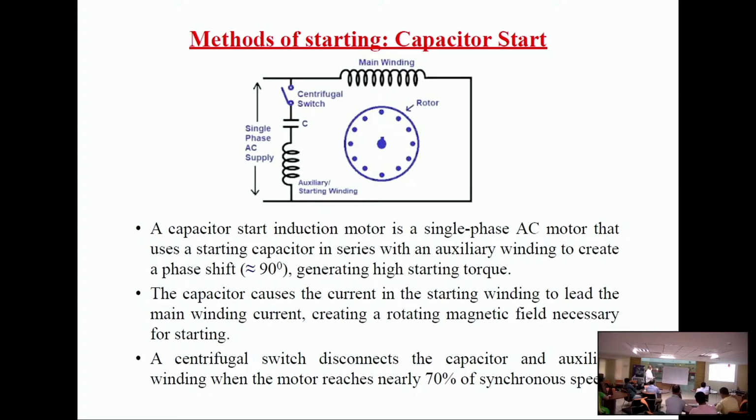So a capacitor start induction motor is a single phase AC motor that uses a starting capacitor in series with the auxiliary winding. Close to that, exactly 70%. It is designed so that at a particular speed the centrifugal force switches it out. Initially the speed is 0, and the starting capacitor is needed then.